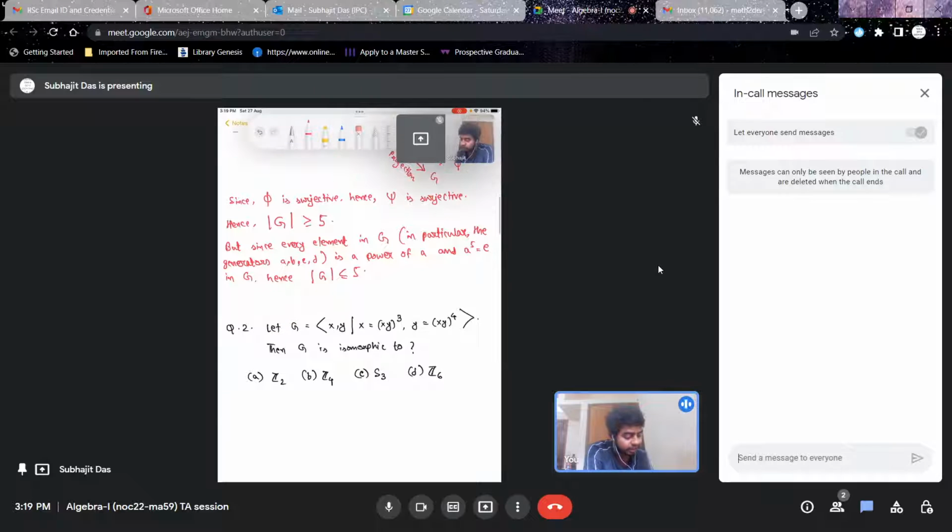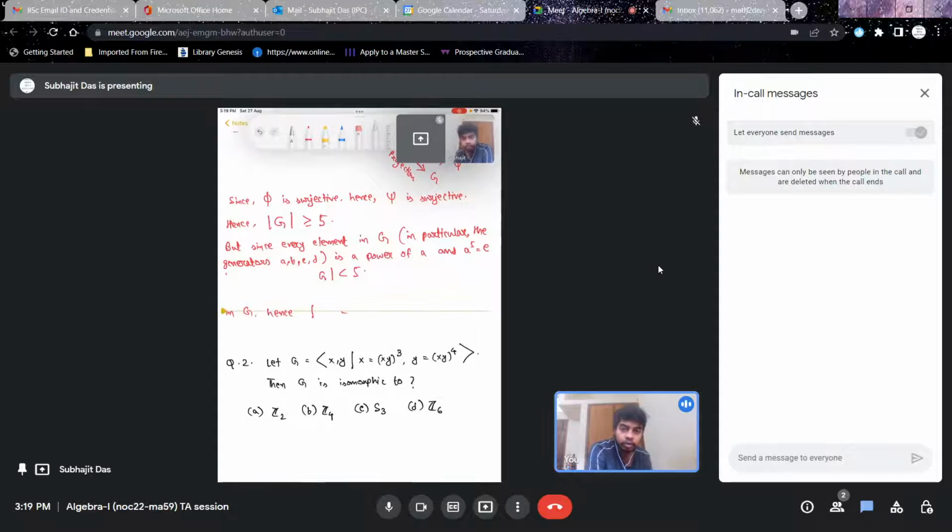So we get that the cardinality of G is greater than or equal to 5 and it is less than or equal to 5. So what is your only option, right? What is the only thing that you can say from this?